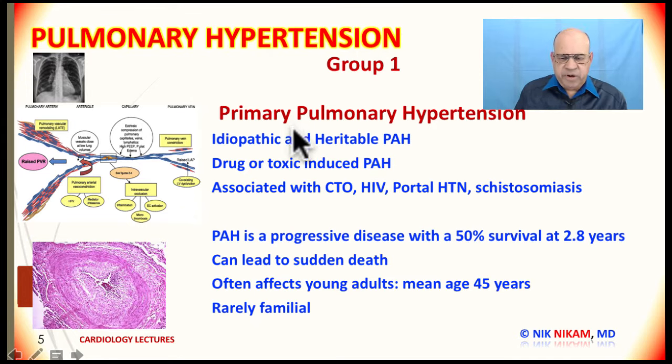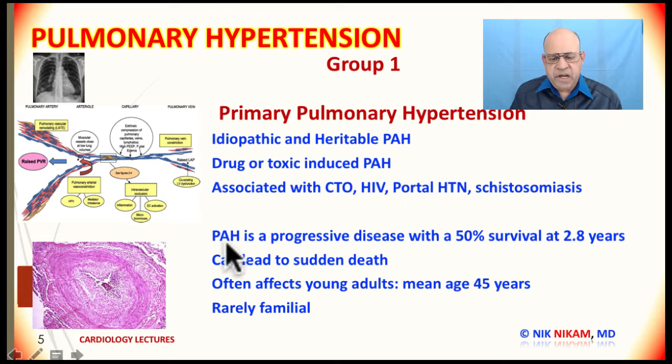So let's talk about primary pulmonary arterial hypertension, or PAH. It could be idiopathic or heritable. Sometimes they may be related to drug or toxic substances. It could be associated with connective tissue disease, HIV, portal hypertension, or schistosomiasis.